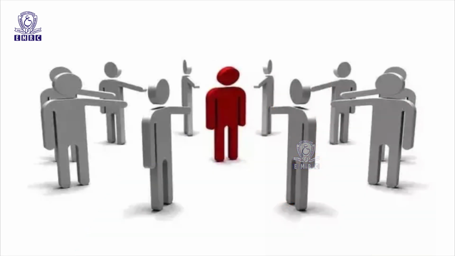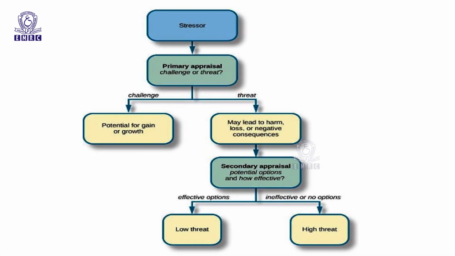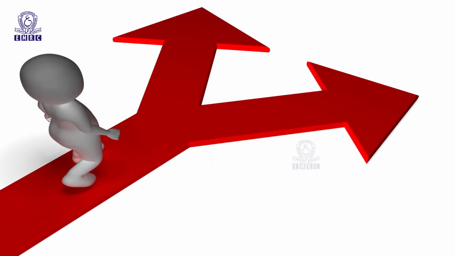In the specific context of emotion and stress, Lazarus described primary appraisals as judgments about the degree of potential harm or threat to well-being that a stressor might introduce. The perception of a threat then triggers the secondary appraisal, a judgment of the options available to cope with the stressor, as well as perceptions of how effective such options will be.